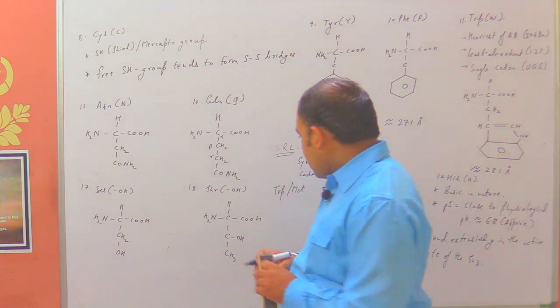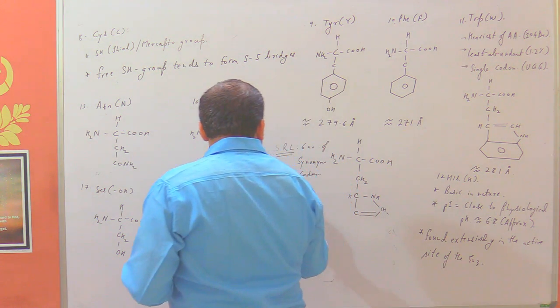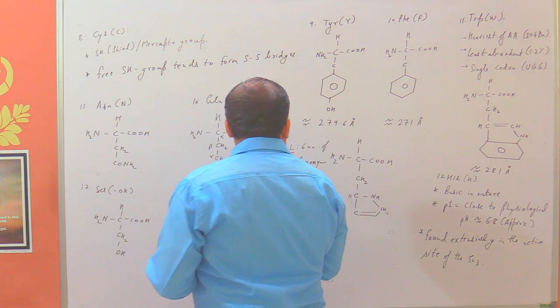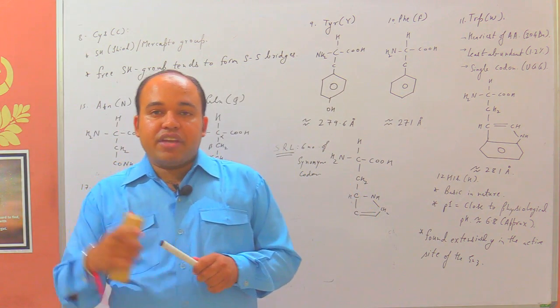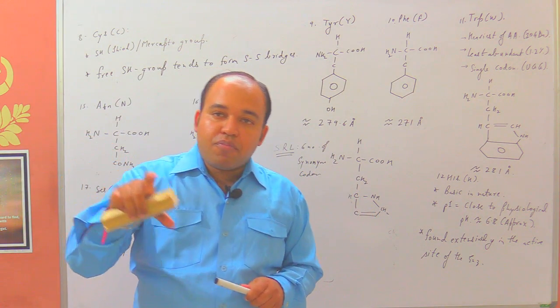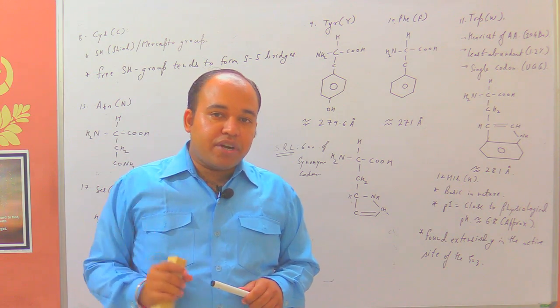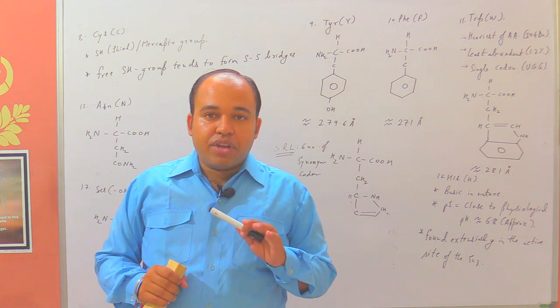Now about the other amino acid, selenocysteine. As I have already told you, it is the 21st standard amino acid. It is inserted at the time of protein biosynthesis rather than being produced after protein synthesis.